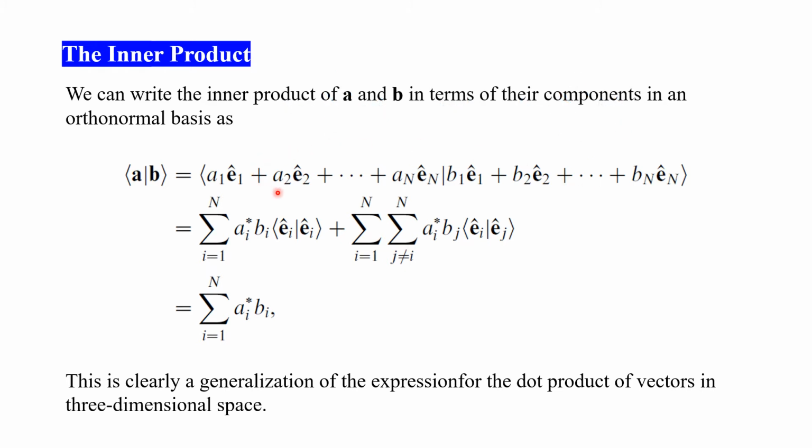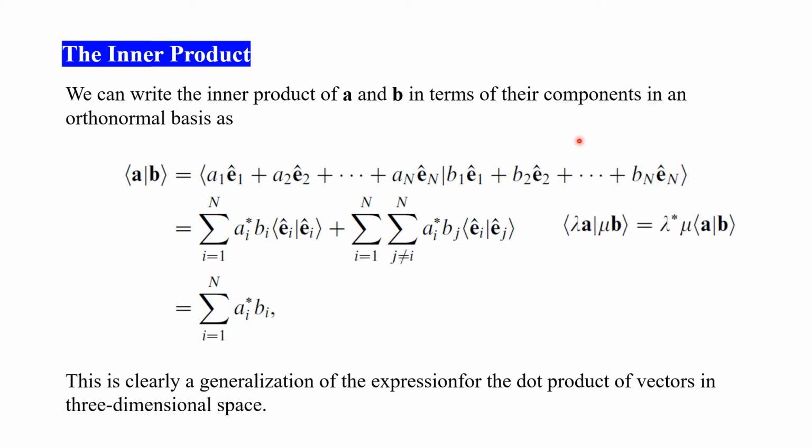In this case, these are the components of your A: A1 e1 hat plus A2 e2 hat plus up to An en hat. This is your bra A. And for your ket B, you have B1 e1 hat plus B2 e2 hat plus up to Bn en hat. So this is again your ket B.